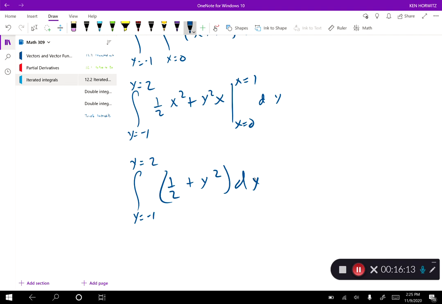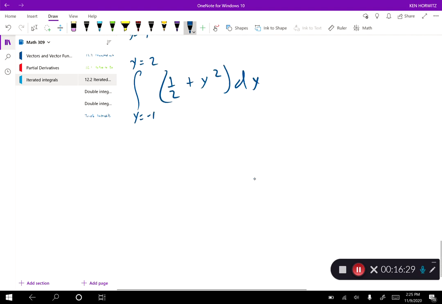So why don't you pause the video at this point, and finish it up for me, and we'll talk about the answer on the back end. All right, so if you successfully finish this up, if I integrate 1/2, I get 1/2 y, and if I integrate y squared, I get 1/3 y cubed between -1 and 2.